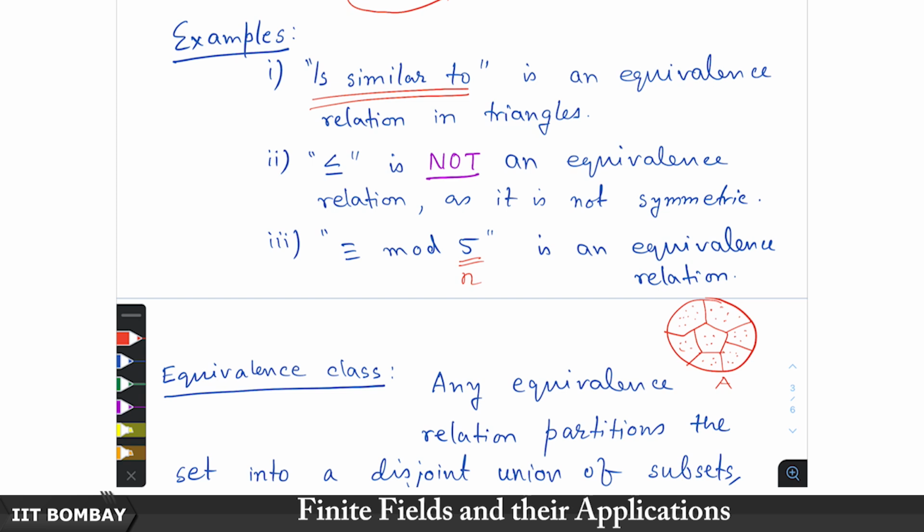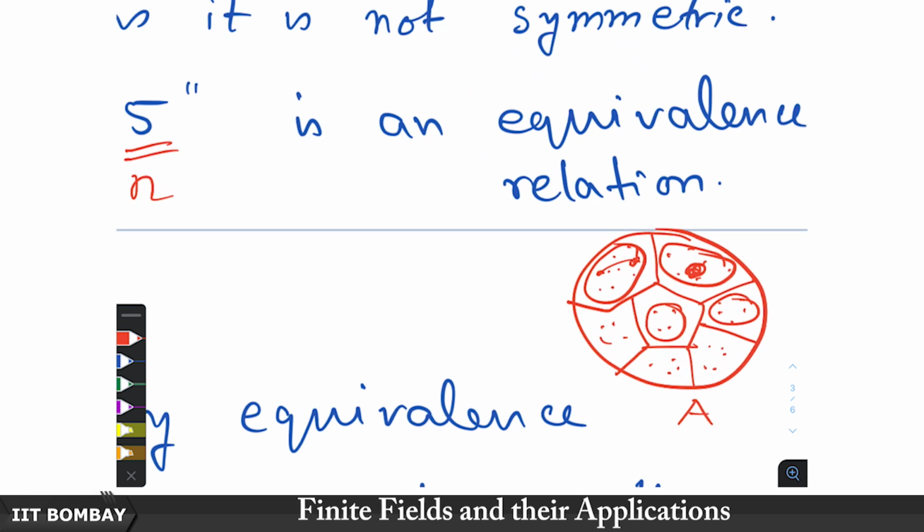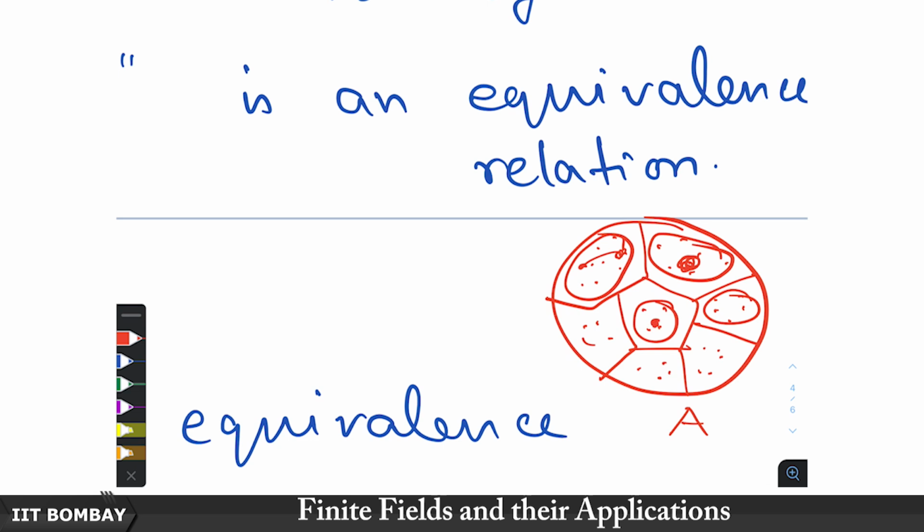So, every pair of elements inside one subset are related, they are all related here, they are all related here, here and so on. But if you take an element in two different subsets, one here and one here, then this pair is not related. So, all relations are within the subsets.